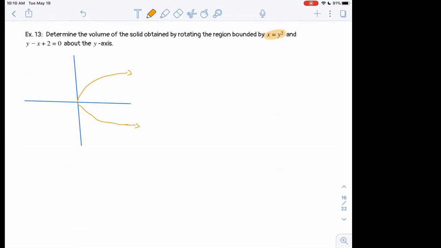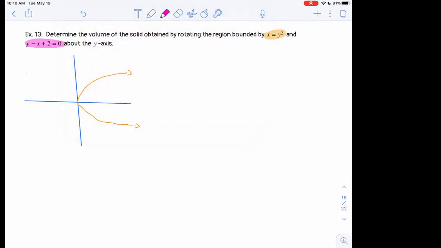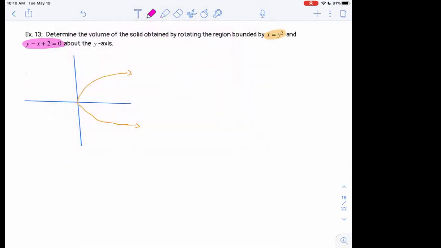Okay. And then what about this one in the pink? What does that curve look like? It's a line, yeah.